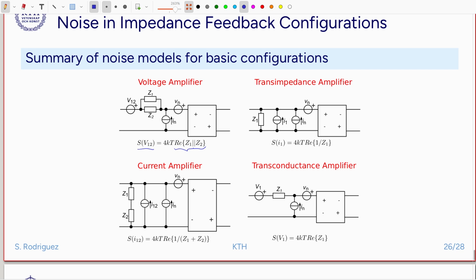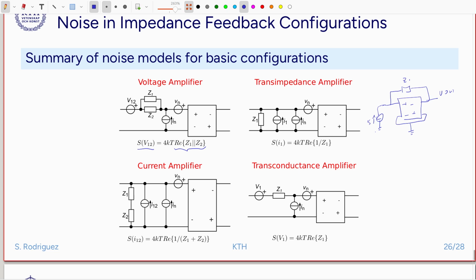For the transimpedance amplifier, we remember the transimpedance amplifier looks like this. We take the output voltage here, and then we have Z1 here, and then we will connect our source here.